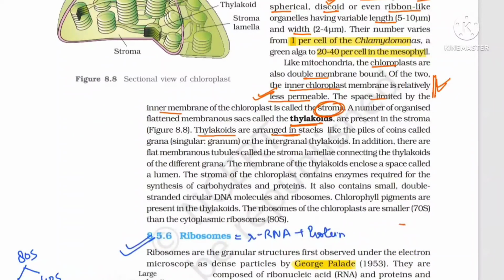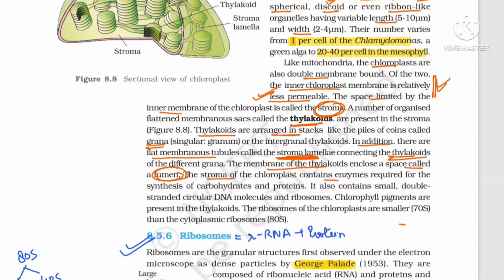Thylakoids are arranged in stacks like piles of coins to form grana. In addition, there is a flat membranous tubule called stroma lamella, which connects the thylakoids of different grana. The membrane of thylakoid encloses a space known as thylakoid lumen.